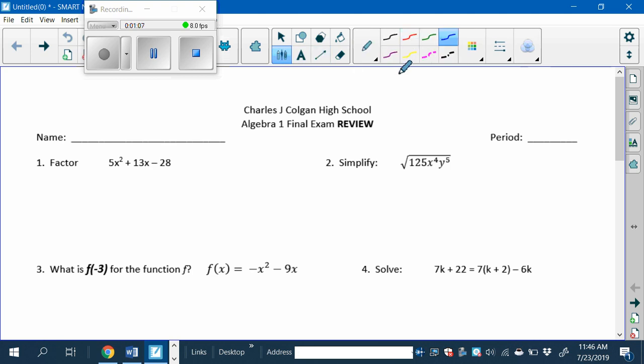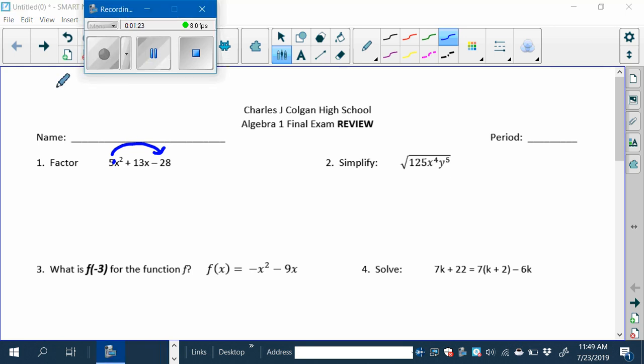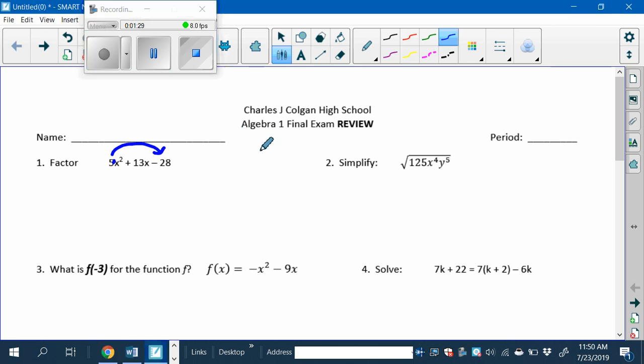Okay, so remember that I taught you guys how to slide and divide with this. So what you're going to do is multiply this 5 times negative 28. Okay, so I multiply 5 times negative 28, and I get negative 140 right here.